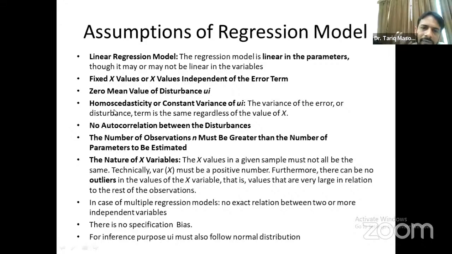So when there is a well-defined ordering, there is a chance of autocorrelation. You know what correlation is? Correlation means a relationship between or amongst different variables. Autocorrelation means correlation in the values of a particular variable, between two or more values of any one particular variable. So here the assumption is that there is no autocorrelation in the values of the error term.